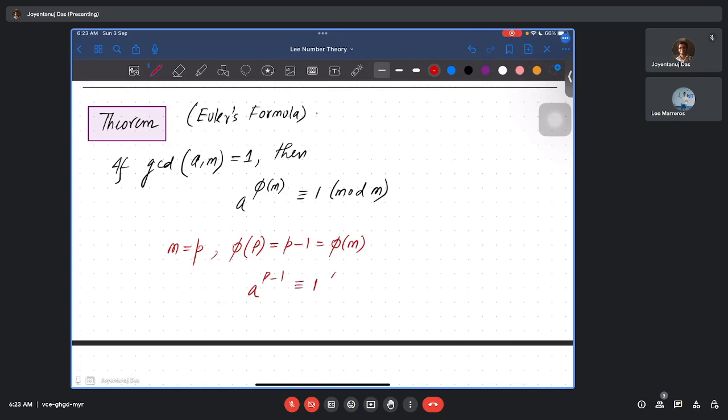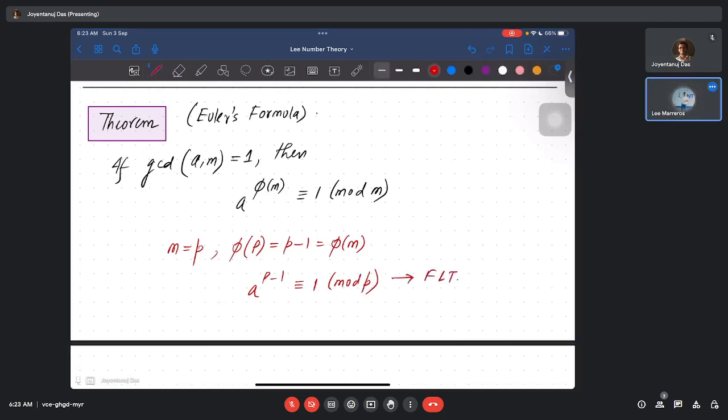So Euler's formula is the extension, a generalization, of Fermat's theorem.